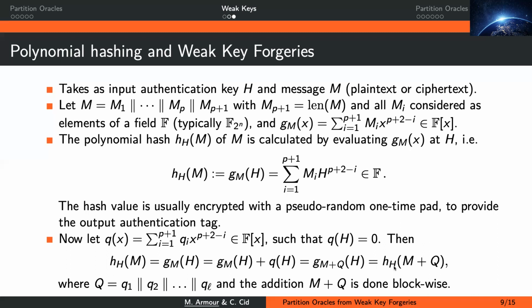Okay, so this gives a formula, if you like, for constructing forgeries. And the forgery works if you have the hashing key H known.